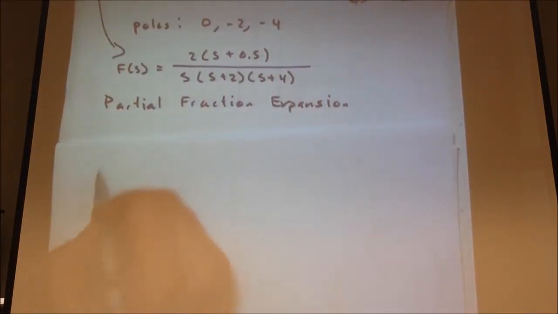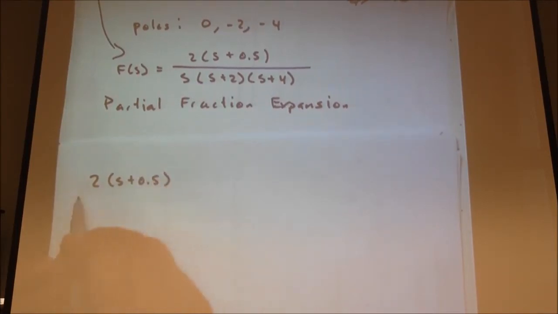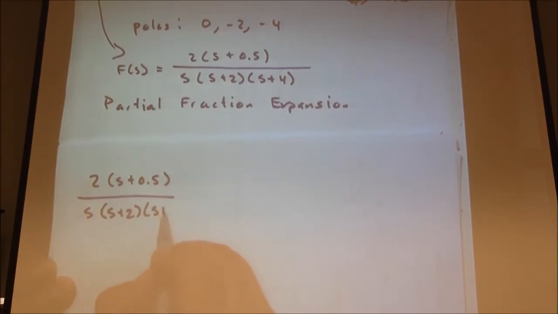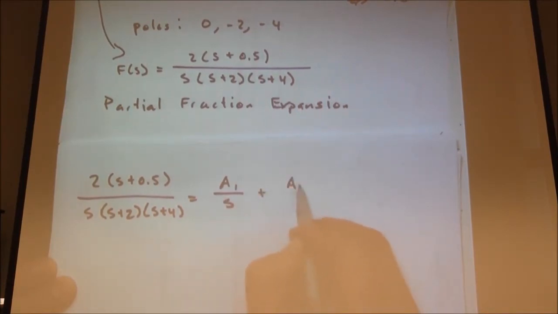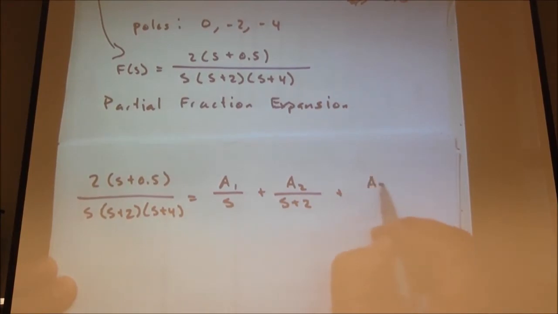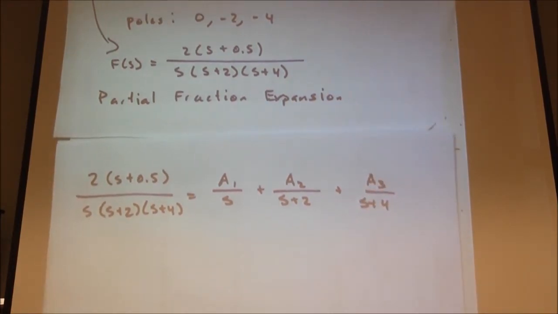Well, that means we can write 2 times s plus 0.5 over s, s plus 2, s plus 4 equals some a1 over s plus a2 over s plus 2 plus a3 over s plus 4. That's the partial fraction expansion.